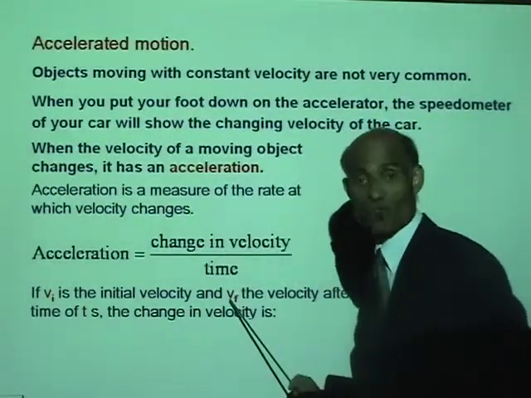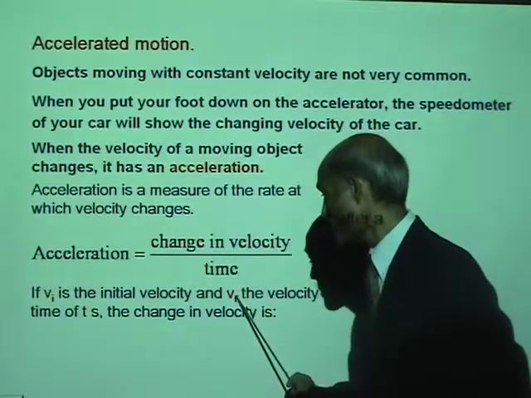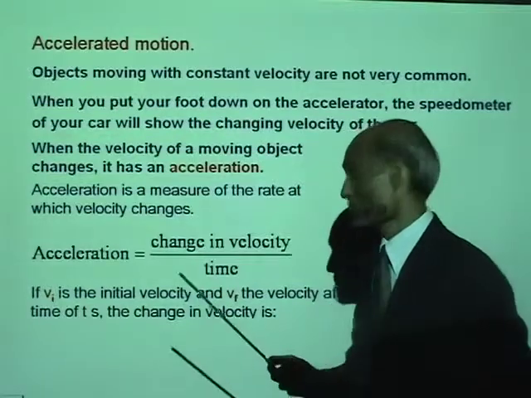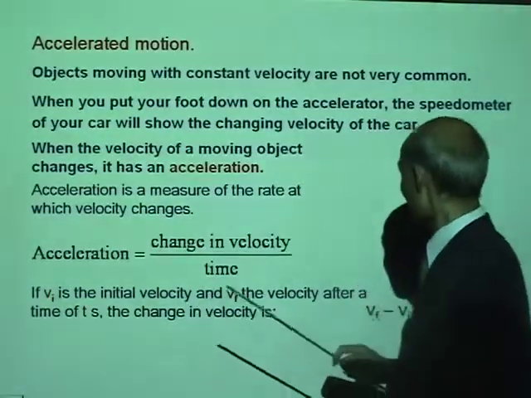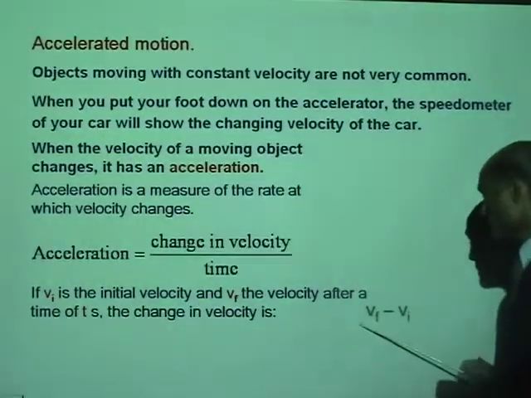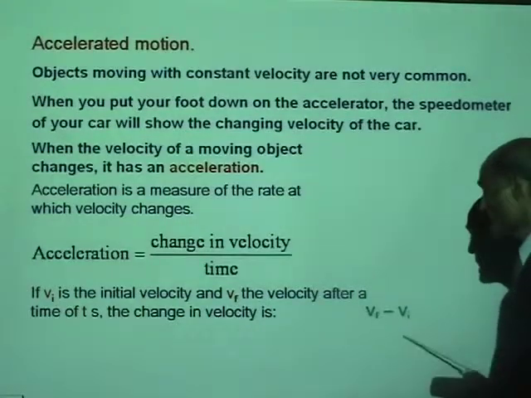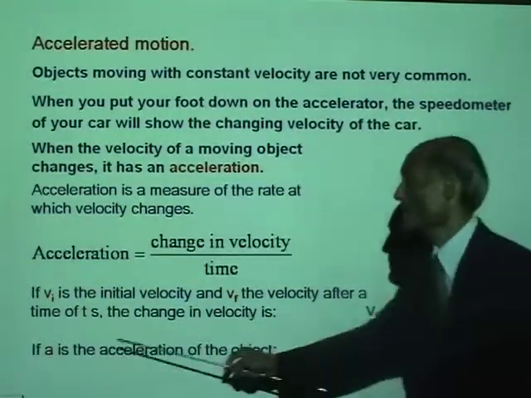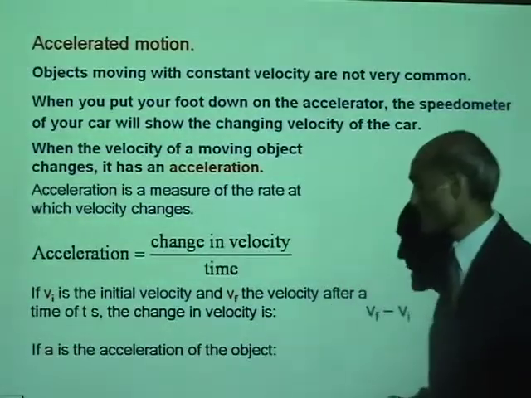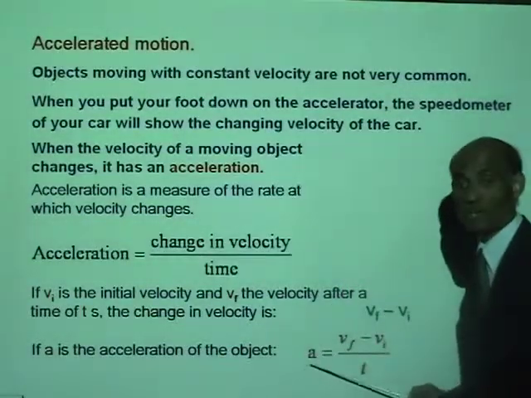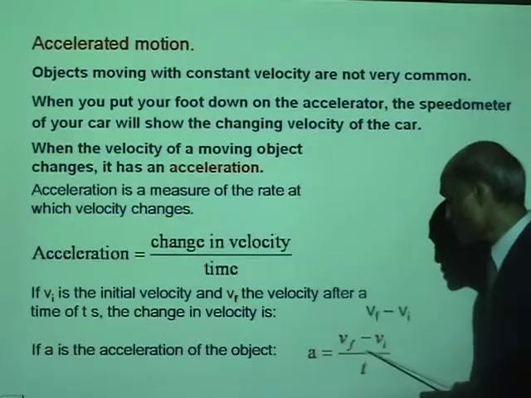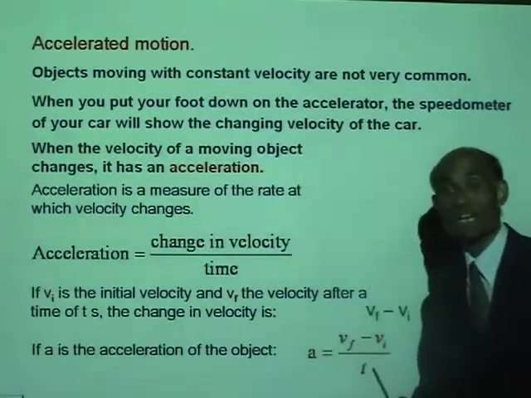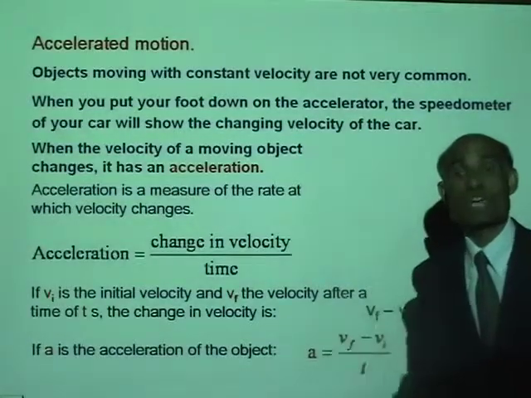The change in velocity is the final velocity minus the initial velocity. So, can you write what acceleration is? The change in velocity is Vf minus Vi. And therefore, acceleration can be written as acceleration equal to change in velocity divided by the time taken for that change in velocity.